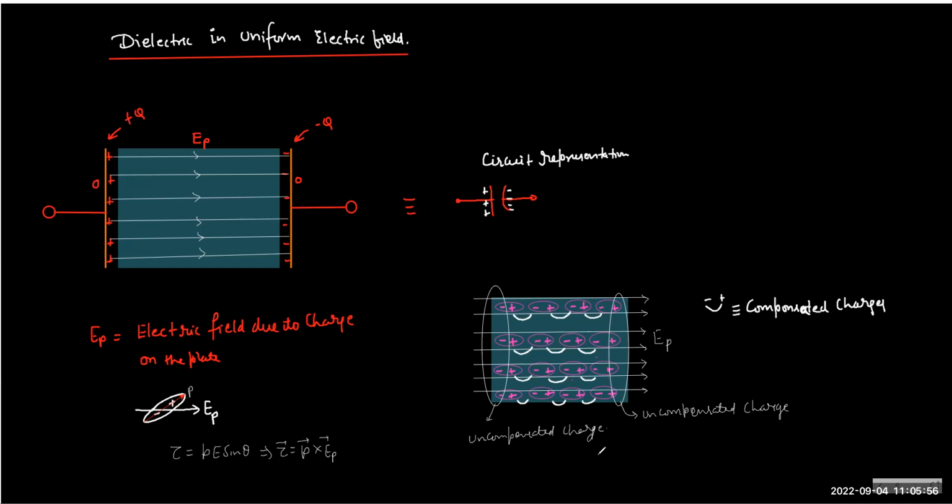So we have the compensated and uncompensated charges. And what we realize is that a medium will actually create a charge layer on its extreme points.